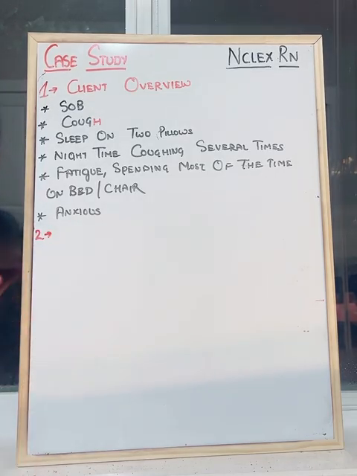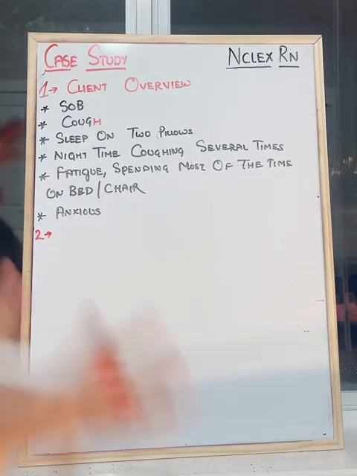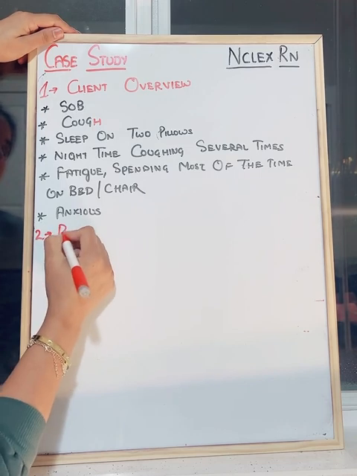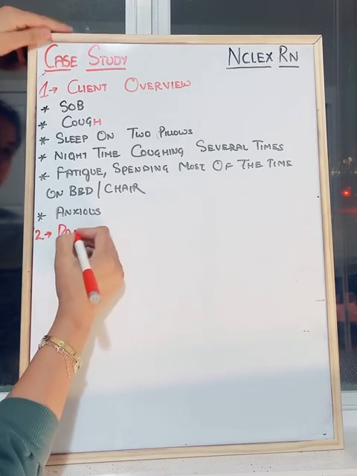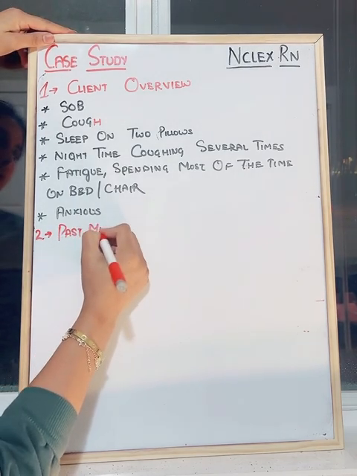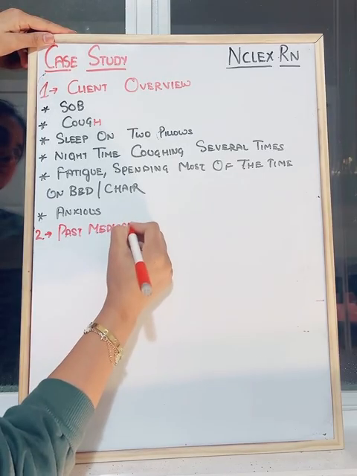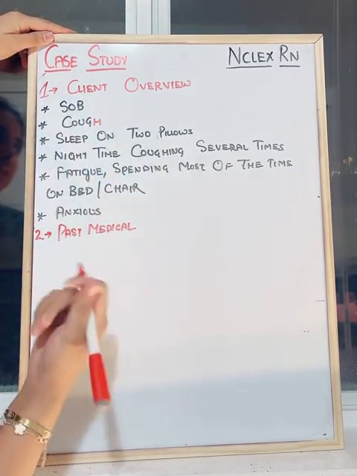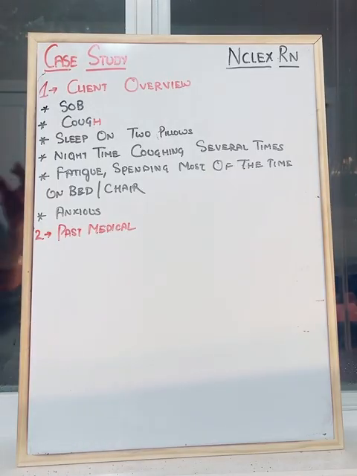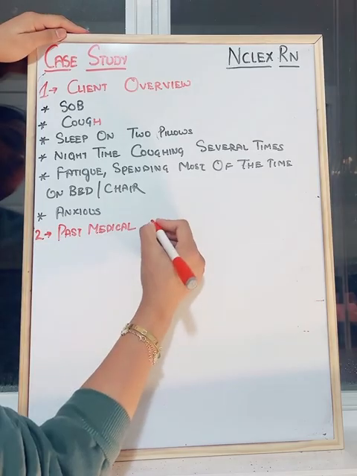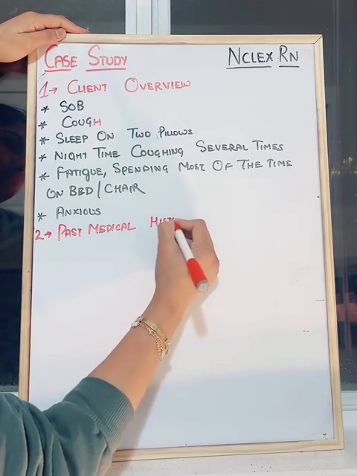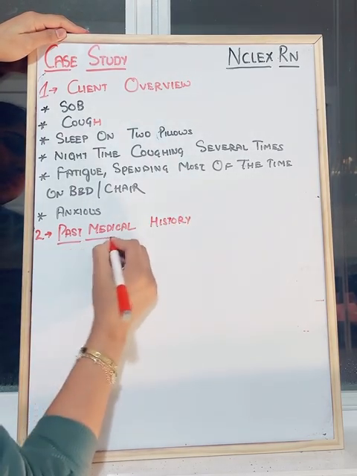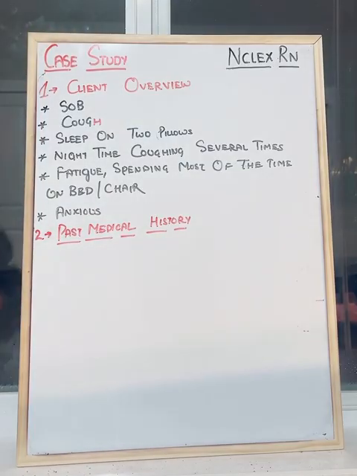Number 2. We have to follow the same pattern. Next, past medical history. You will see this whole scenario in your case studies: past medical history, client overview, social issues, system assessment, everything. So what was the past medical history?